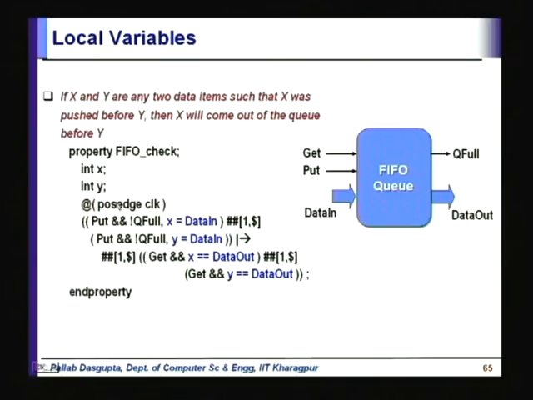Now, let us see how this property is encoded here. We are writing put and not queue full. What does that mean? You are pushing something into the queue and the queue at that point of time is not full, so the push will succeed, and x = data in. Now note here, the important thing is that this is a single equal to, so it is an assignment.